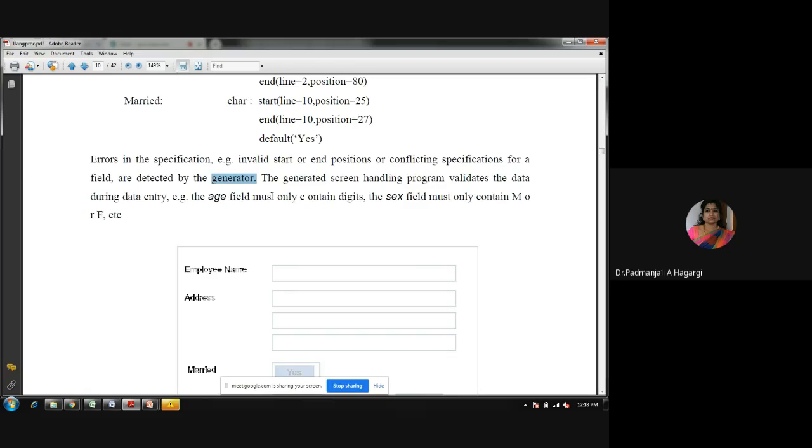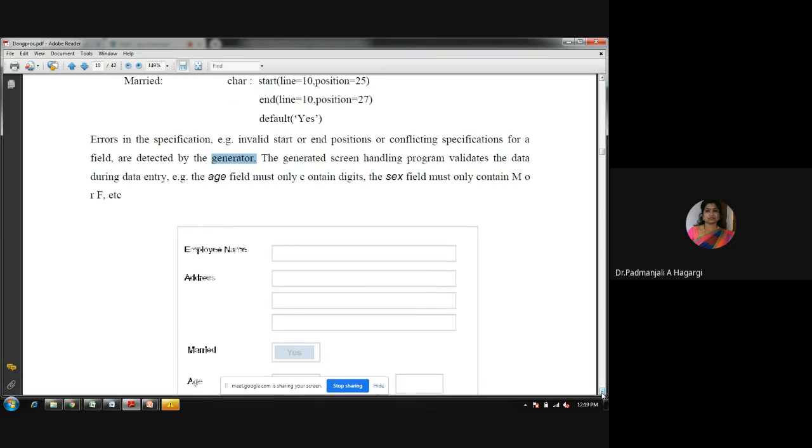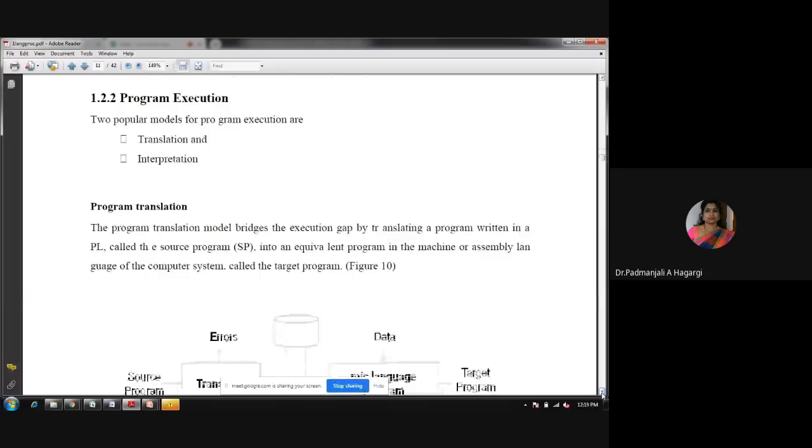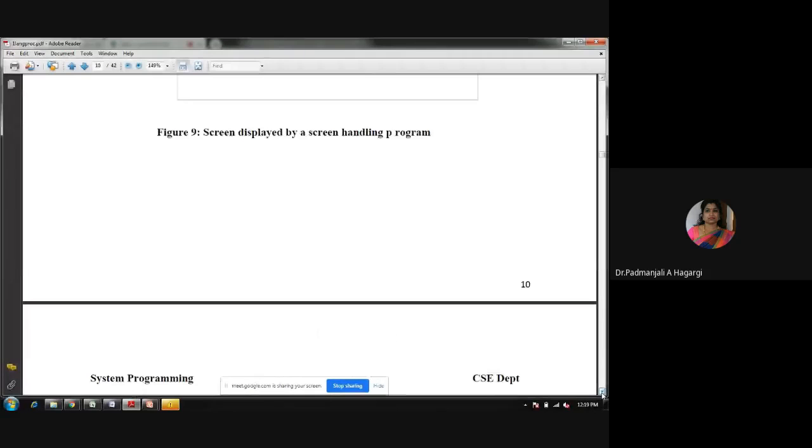Like the age field must only contain digits, and the gender must have only F or M. That is an example of the specification language to the execution language.